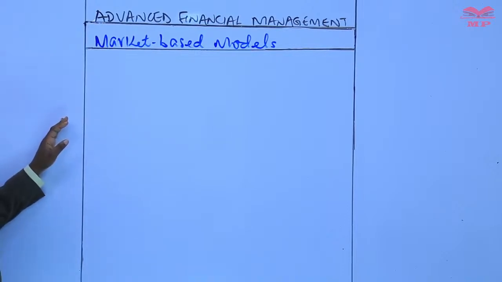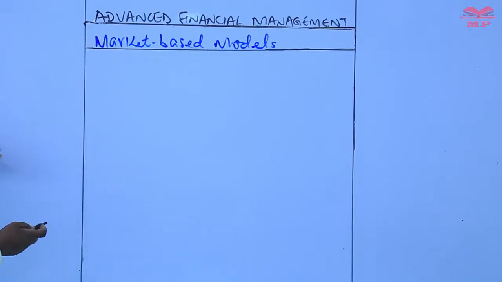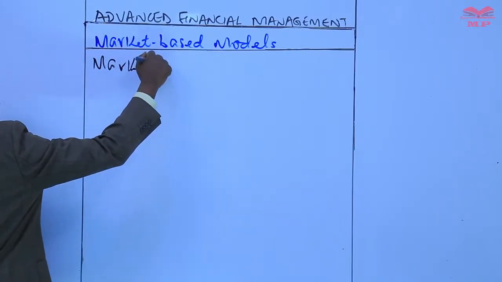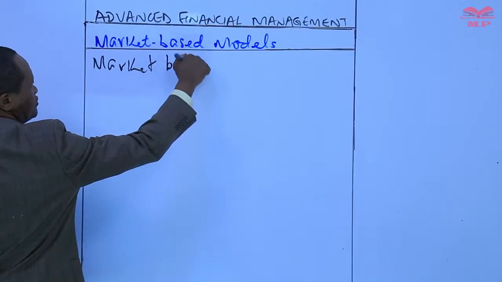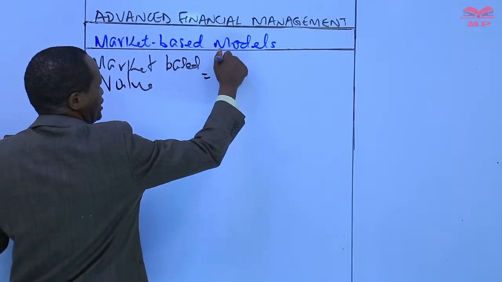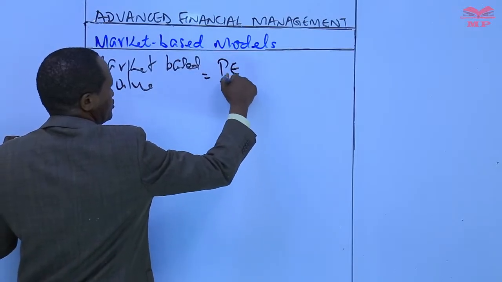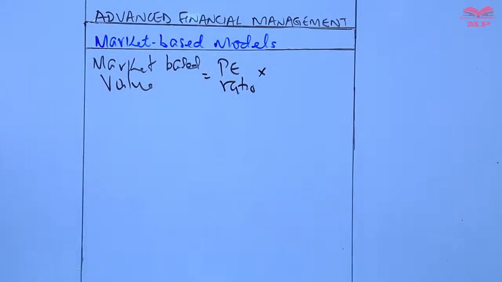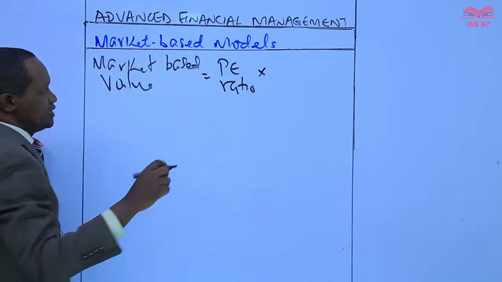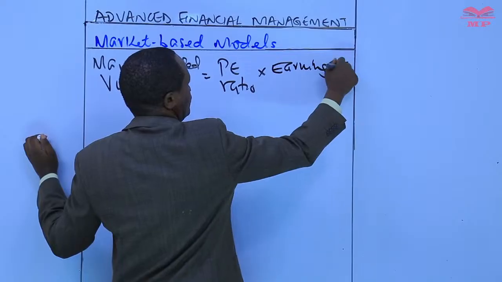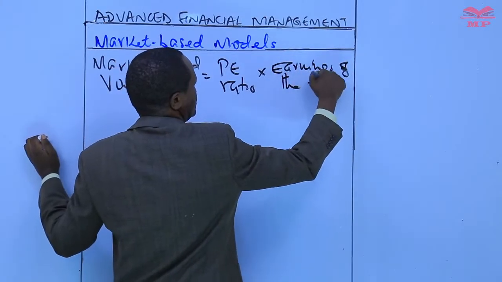You understand? So market-based value, in other words, candidates, would be equal to the PE ratio times the earnings of the target.